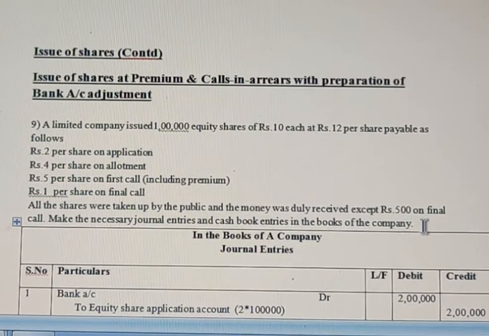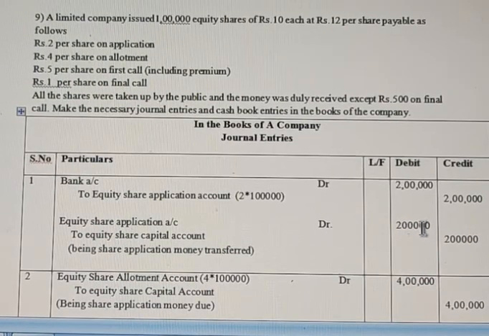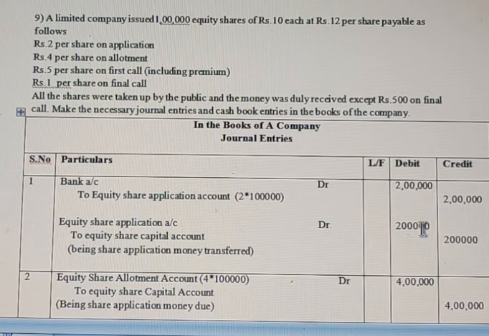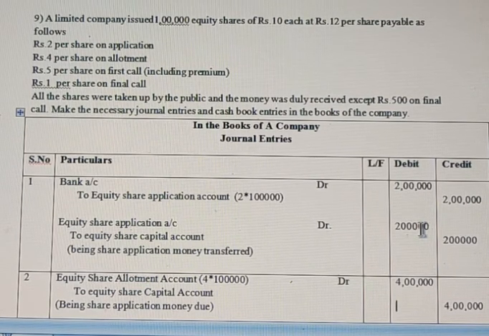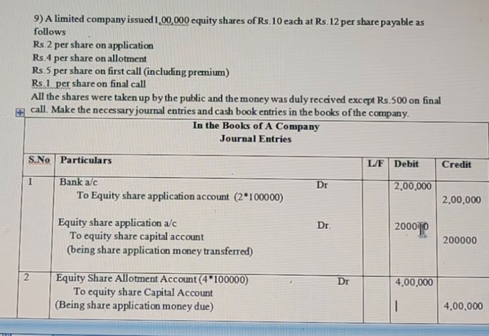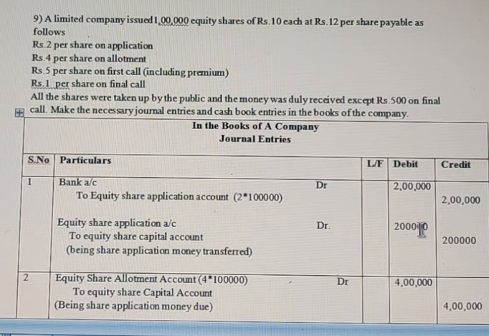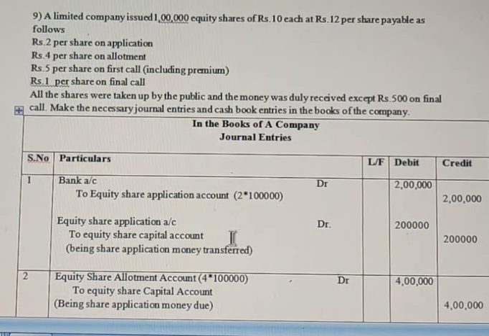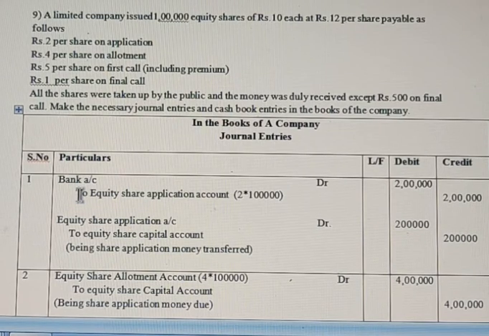Going further to the solution, the first 2 journal entries will always be for the application stage. One is for receiving the money through application. The second journal entry is for transferring this application money to the equity share capital account. These journal entries we've already seen in a lot of questions.